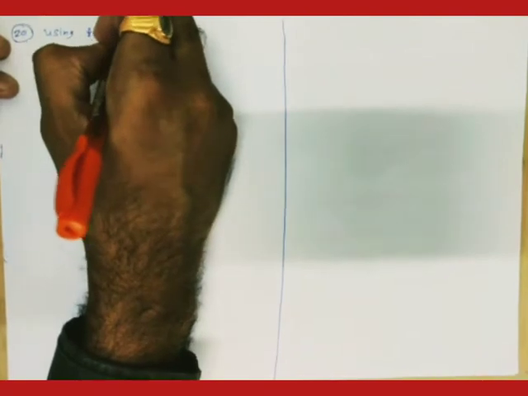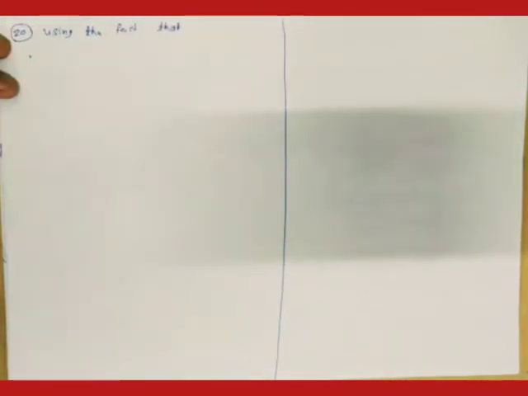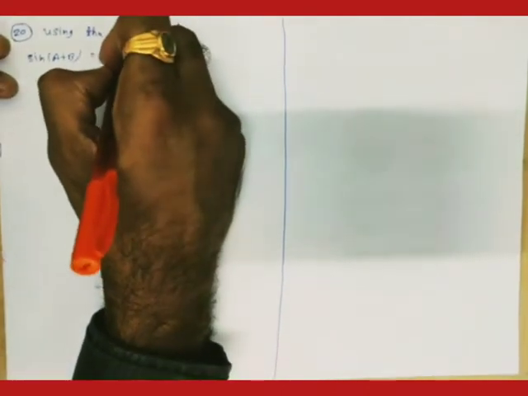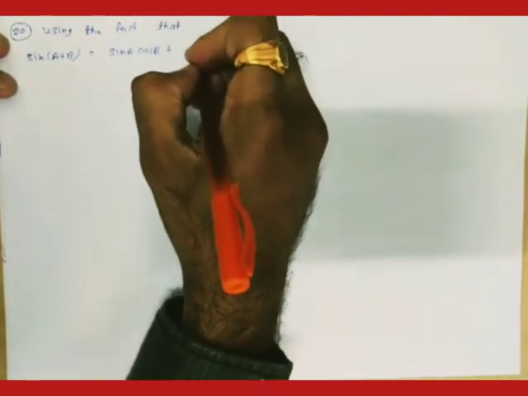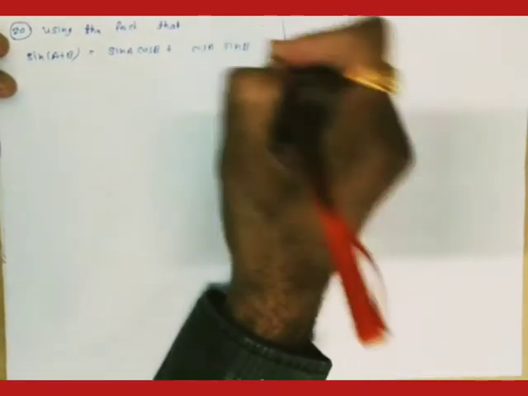Okay, students. Question number 20. Here we are given, using the fact that sine a plus b equal to sine a cos b plus cos a sin b.